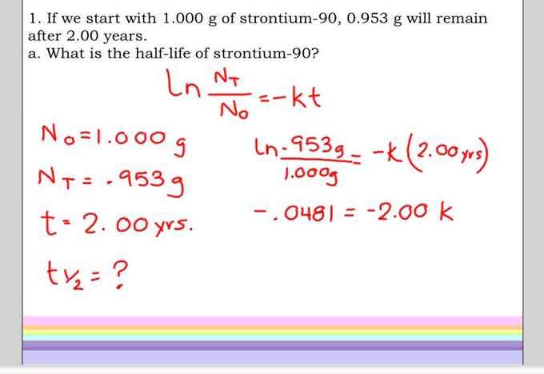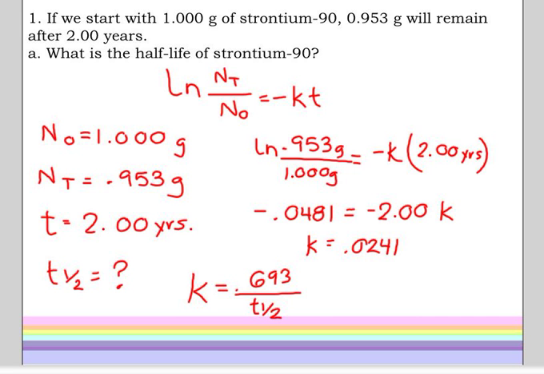So then all we have to do is, our unknown is k. If we solve for k, it's going to be 0.0241. So now that's our decay constant, but we want our half-life. So we have to think back and say, what's that equation for k? Our equation for k is 0.693 over our half-life.